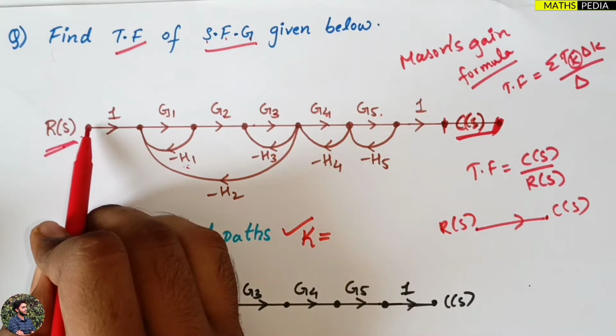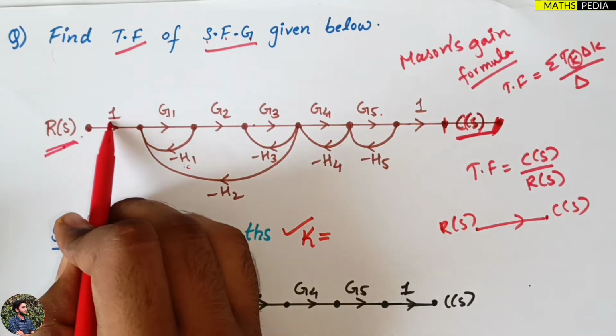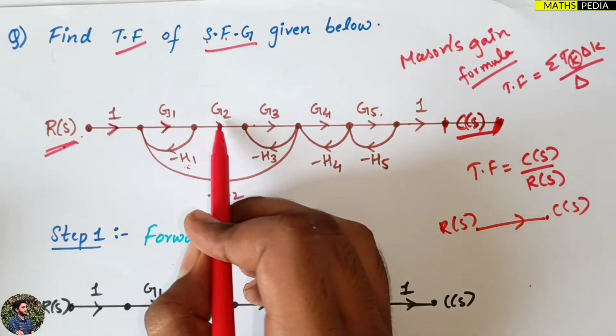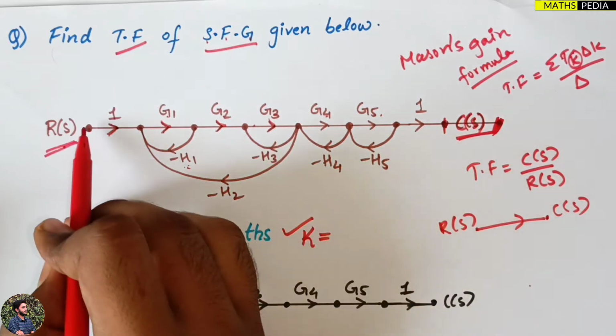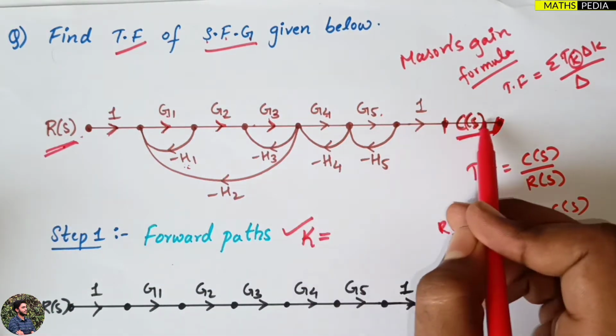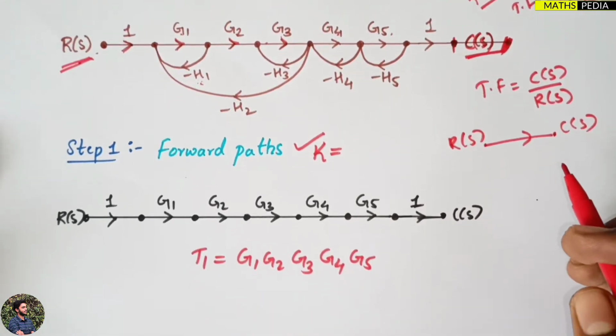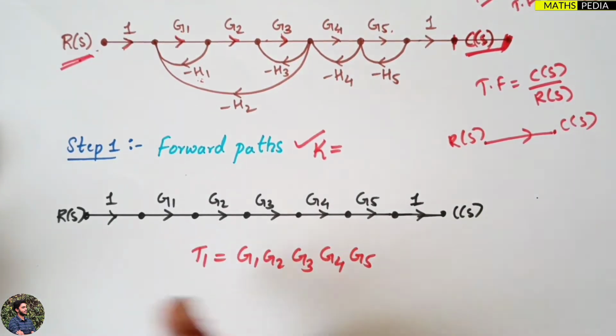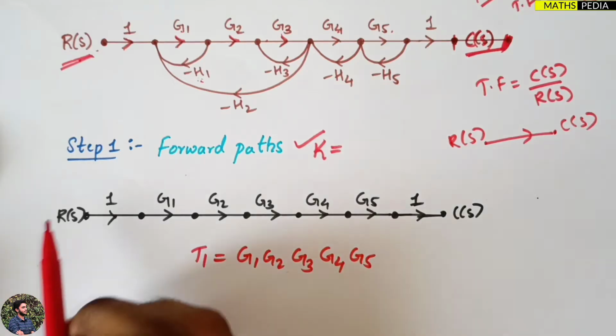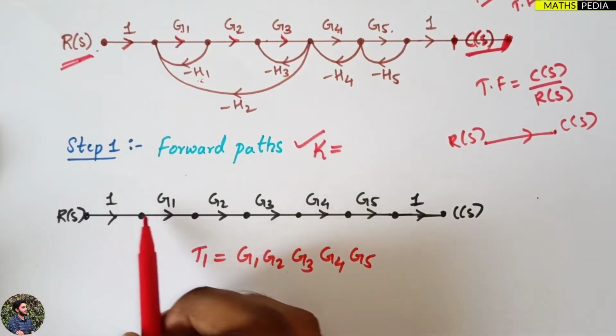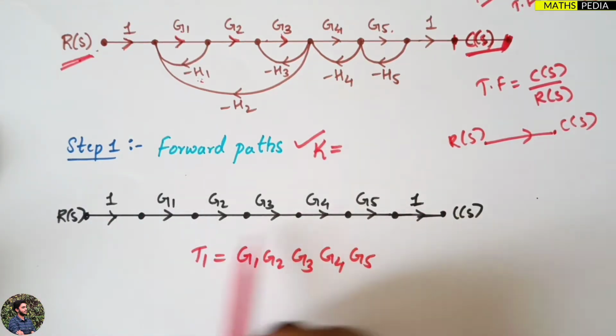So I'll start from here. You can see each path has a direction. I'll take this straight path to reach C of s, and that's what I have written here. I've started from R of s and traveled till C of s along the straight line.